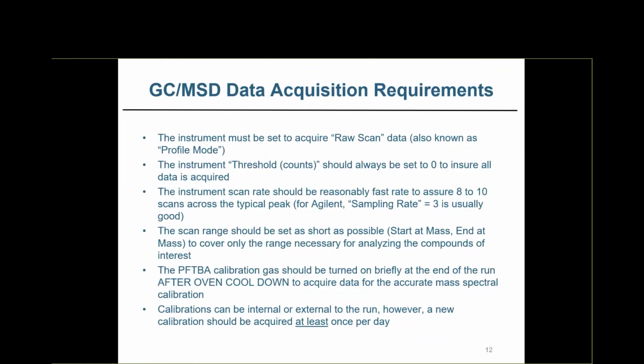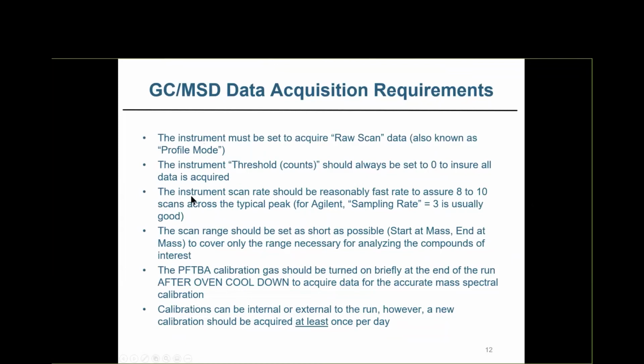But there's noise in that information, and that noise is actually very useful. We utilize that noise in our calibration to effectively make it all work. So we need to set that to as small a value as possible, preferably zero. So we need to set the threshold counts in the instrument to zero.